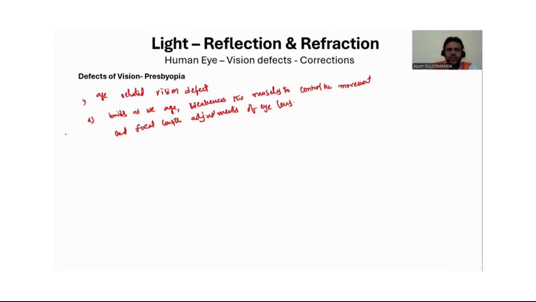So when there is no adjustment, we lose the ability to see things that are closer, or sometimes even myopia will also be there. You can see up to a certain distance, beyond that you will not be able to see. If you see elderly people, how to correct this? It can be myopic plus this presbyopic eye.